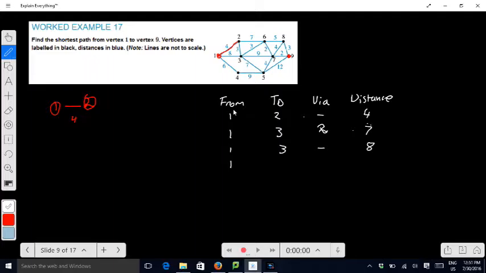And if I went from 1 to 4 directly, that was a 6. So my subset, or S, it's actually better to go from 1 to 3 via 2. So I go 1, 2, and then to 3.